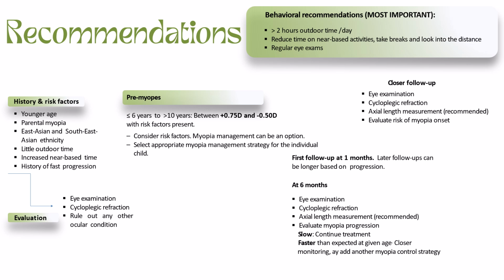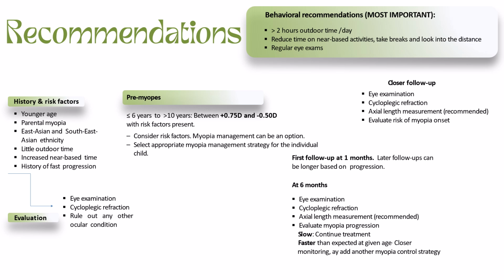This is a very good guide because you can quickly recap everything: behavioral recommendation, reduce the time on near-based activities, eye examination, closer follow-ups, and at 6 months eye examination, cycloplegic refraction, and axial length measurements. And if you see that the patient is losing out the hypermetropia very quickly, you can definitely start considering some of the treatment modalities.